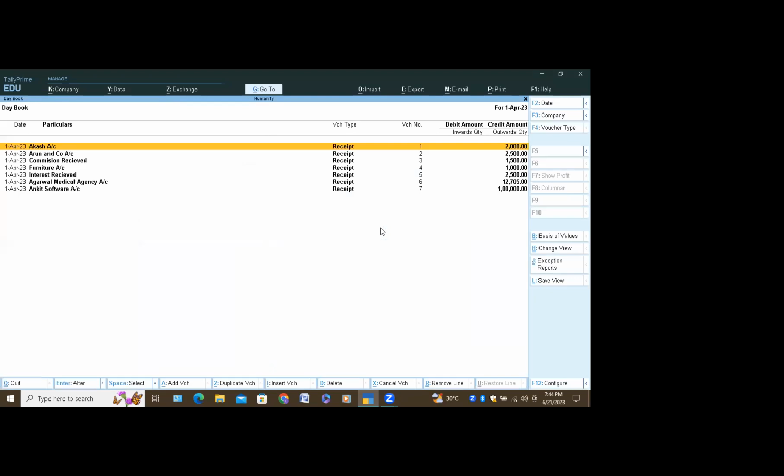This receipt is yesterday's. The other day you practiced the payment, that company is also available. The other day which we have done in the class, payment Humanify, that is also available. All the companies since day one are there. It has not gone anywhere. It will be available.